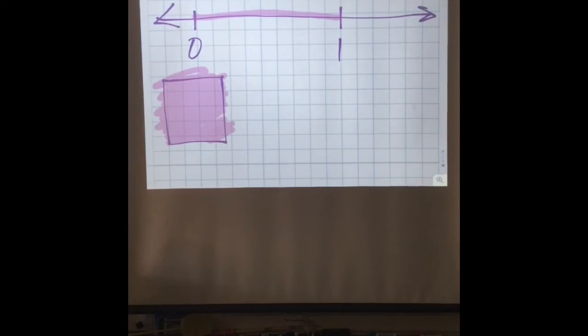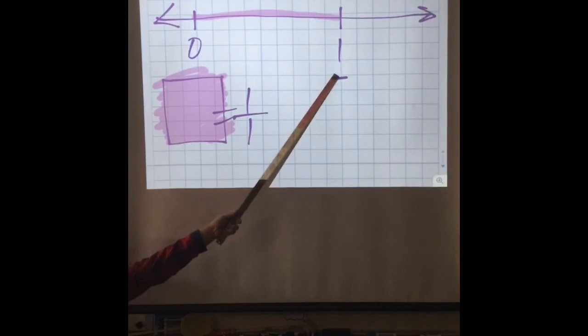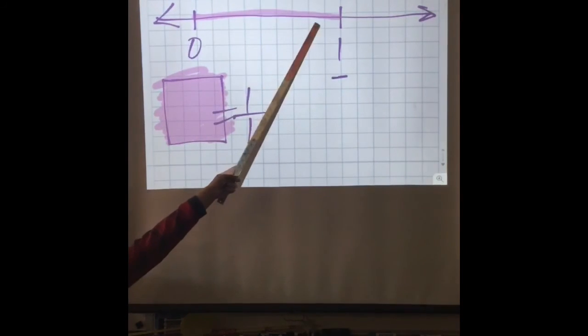Okay, and we said as a fraction, it is what over what? 1 over 1. Why? Because we have 1 whole, and it's not cut up into 8 pieces, right? Just one big piece. So what would go under here, under this 1 right here? What would we put for a fraction right now?